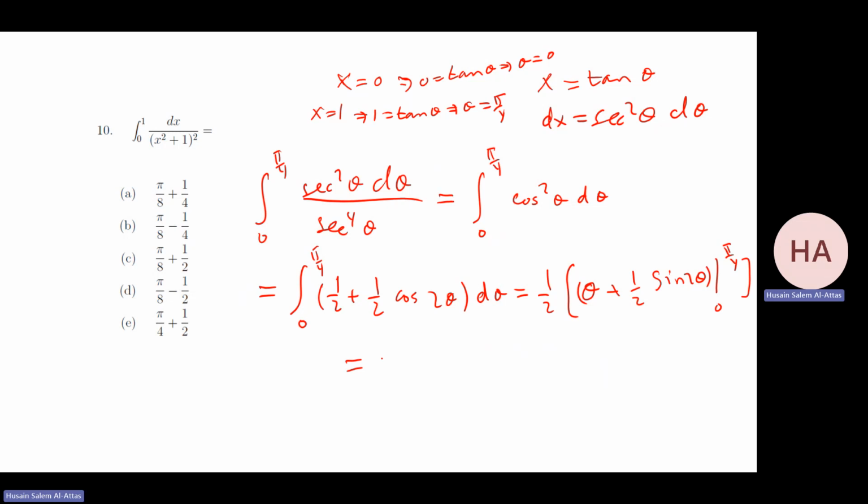That gives me half times, when theta is pi over 4, I have pi over 4. This is sine pi over 2, which is 1, plus half. At 0, it's gone. They have pi over 8 plus 1 over 4, which is this one.